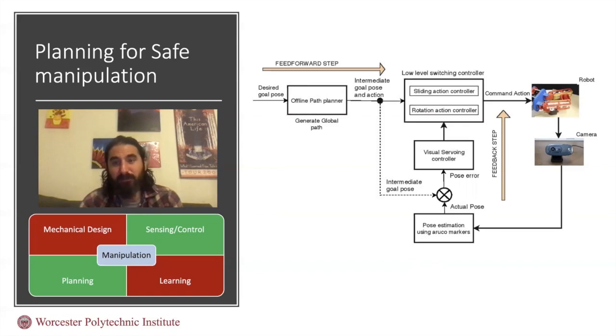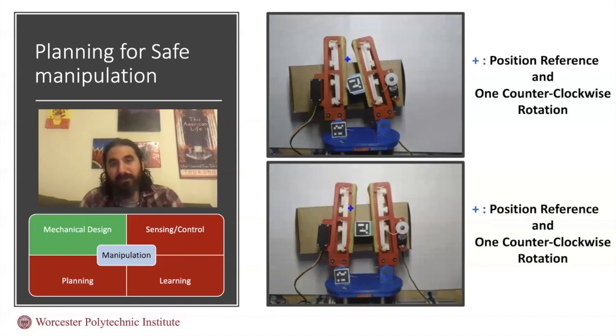Therefore, we combined it with a visual servoing algorithm, which kicks in when the system is not able to track this offline path accurately. So the combination of these two allows us to achieve many of our control and planning goals. We applied this system to different geometries as well.